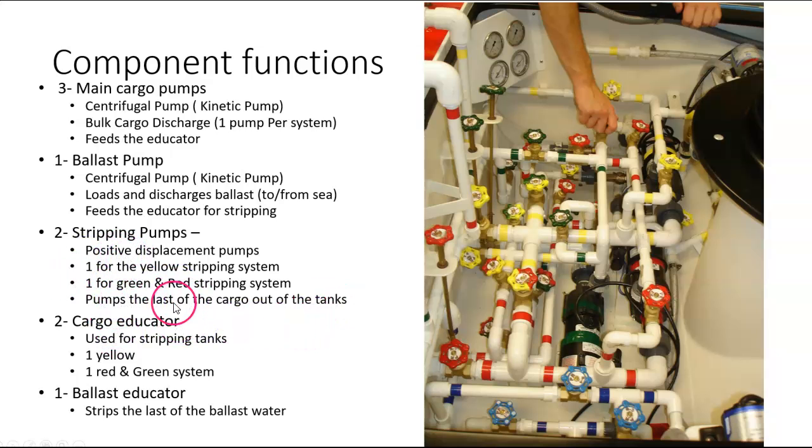What else? So then we have the red and green stripping pump, and we're going to be using those as a positive displacement pump to pump the last bits of the cargo out. We also have two cargo eductors, and those cargo eductors are going to be used also for stripping. And you also have one ballast eductor. We don't have a separate stripping pump for the ballast system. Remember, out on the main deck, there were no stripper valves for the ballast system. That was one of the unique things about it.